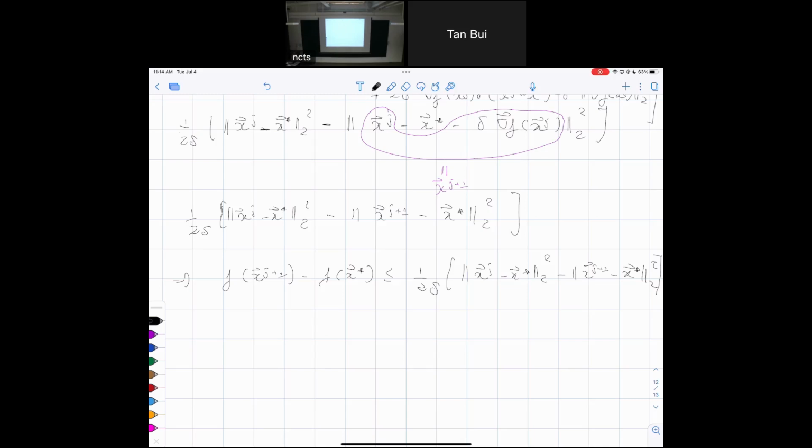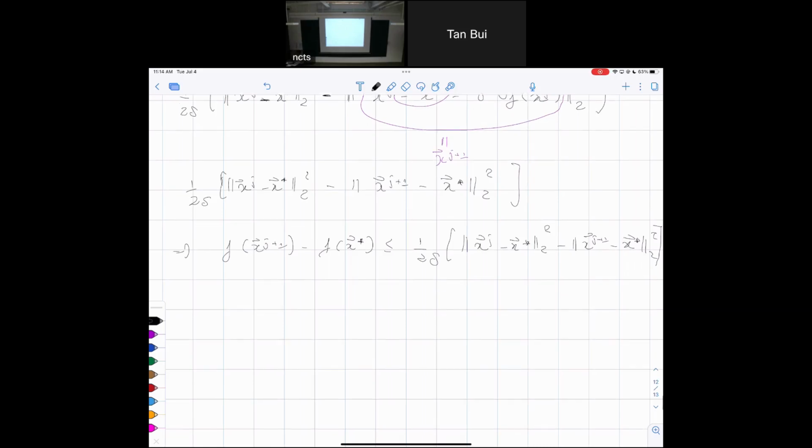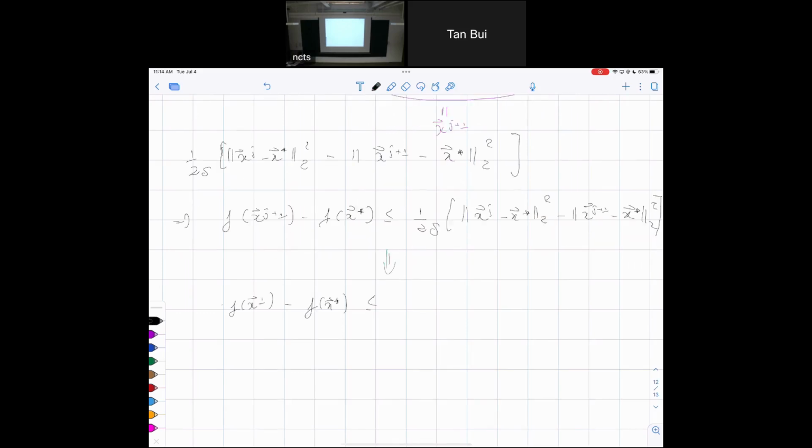Okay, so let's do that. Or this implies that, let me do it a little bit slowly so that you can see, f of x1 minus f of x star is at most 1 over 2 delta of x0 squared, right? When I take j equal to 0, this is what I get.